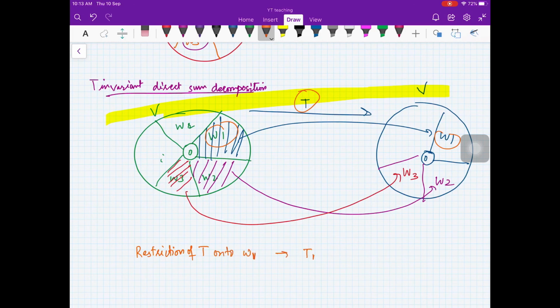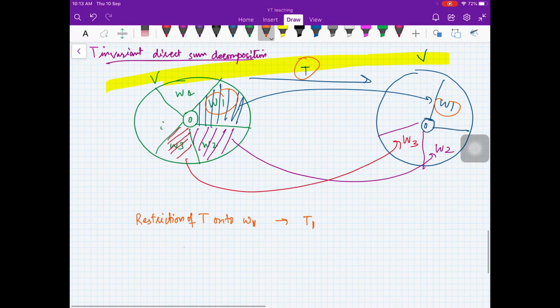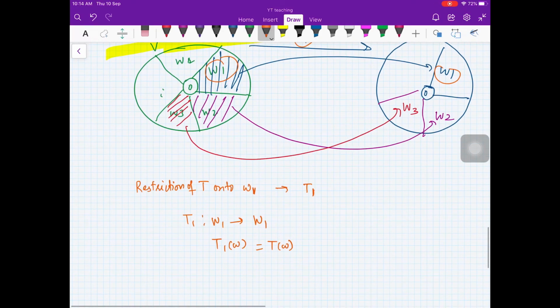We call it T1. So T1 is from W1 to W1, defined as T1 of w is actually T of w. Whatever is T of w, that is T1 of w now. So this is your T1 here, and this here is T2, and this here is T3.